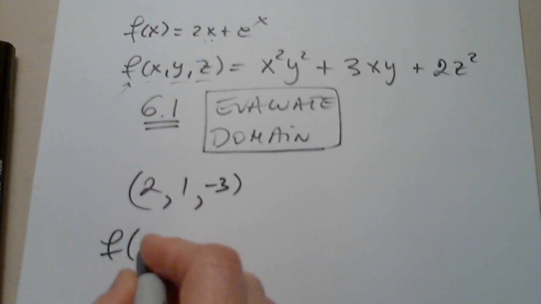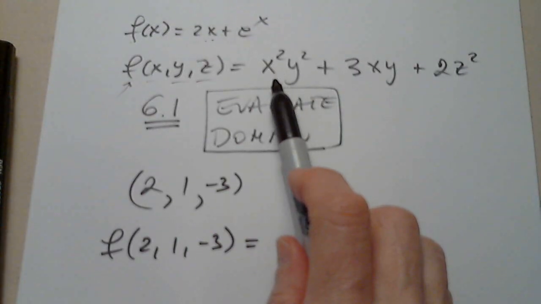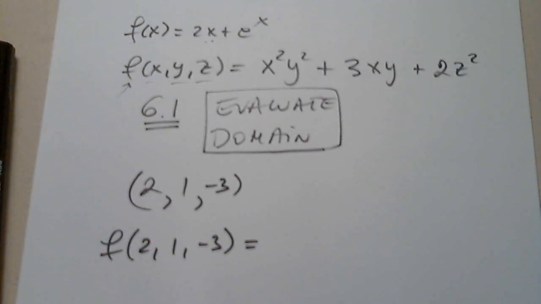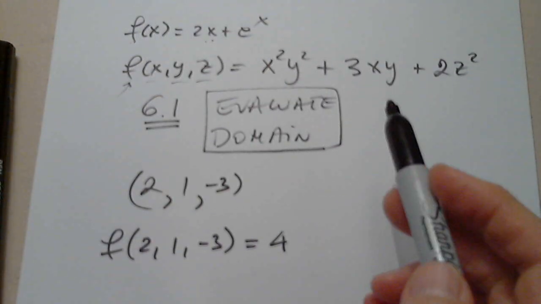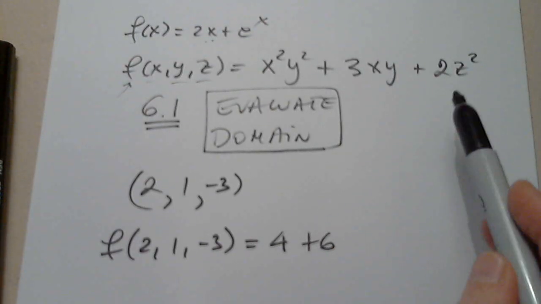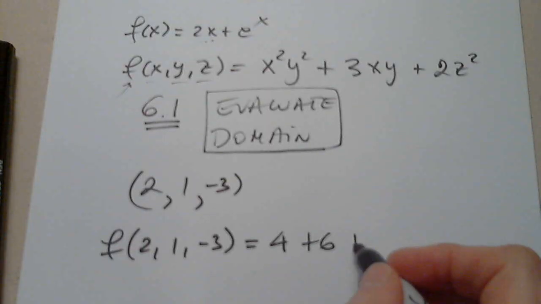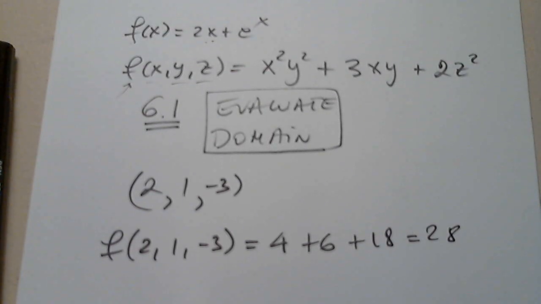So f of 2, 1, and negative 3 will be 2 squared times 1 squared. 2 squared times 1 squared is 4. Plus 3 times 2 times 1 is 6. And 2 times 9 is 18. So the answer is 28. That's all there is to it.